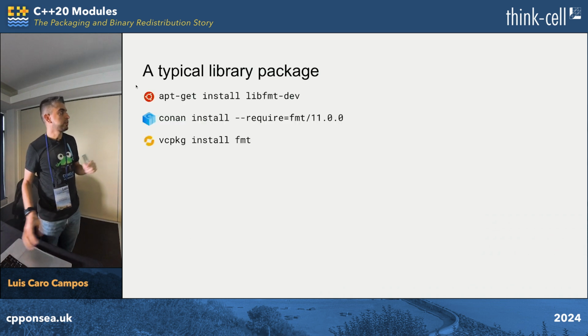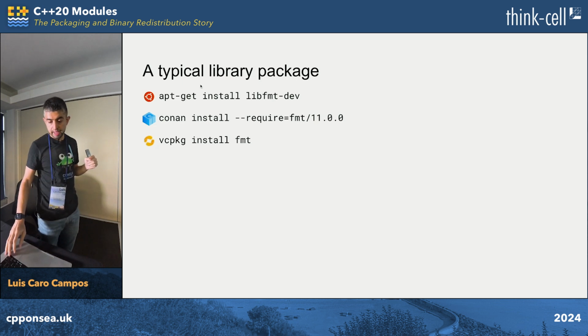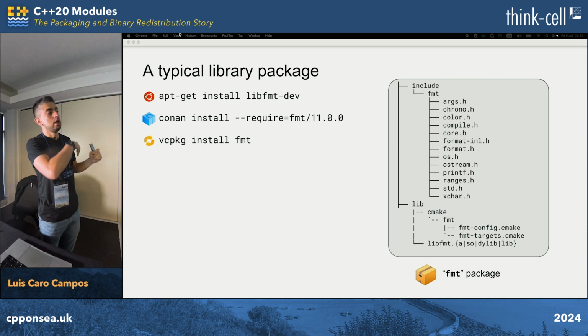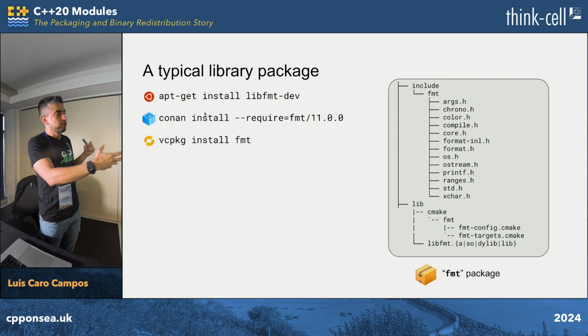So what would a typical library package for fmt look like? This is what would happen if you install fmt with any of these tools. It's going to trigger a process by which these files will be produced or downloaded from somewhere, and they will be in your file system.